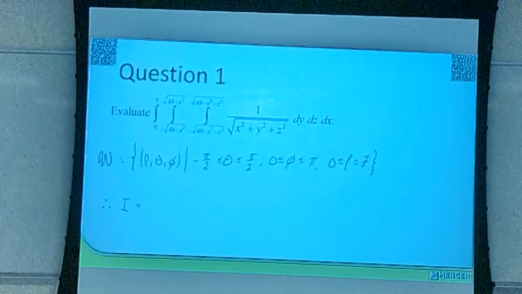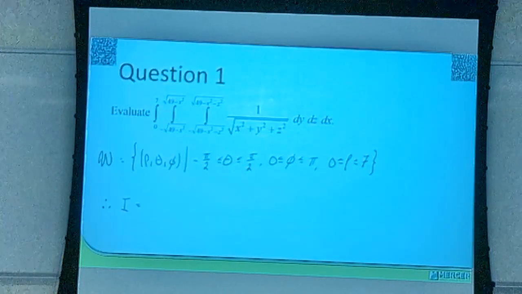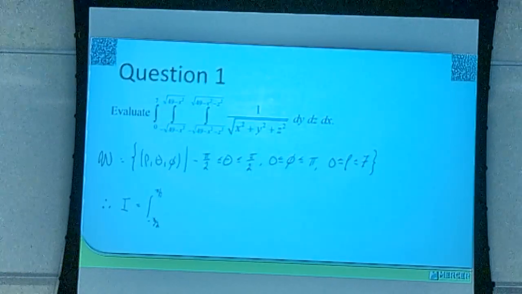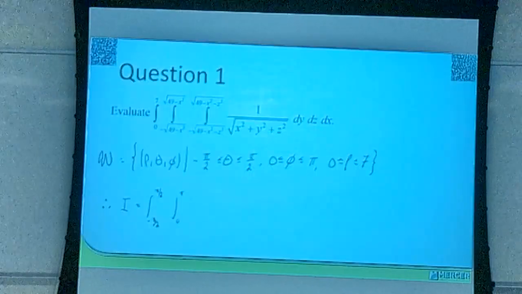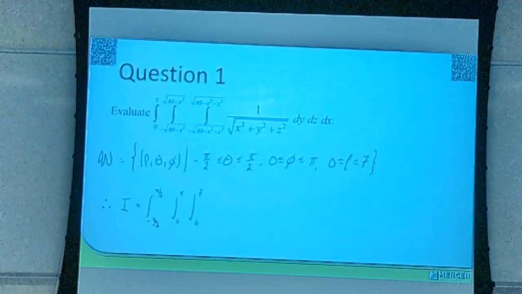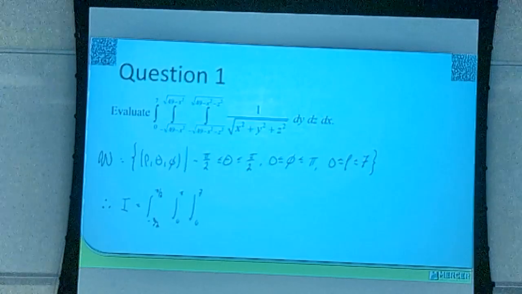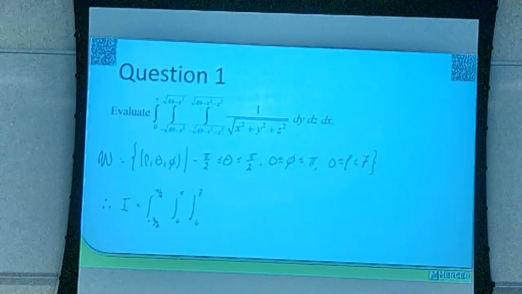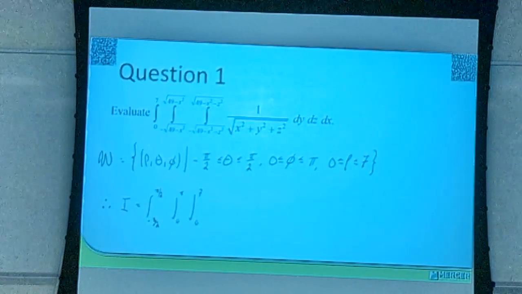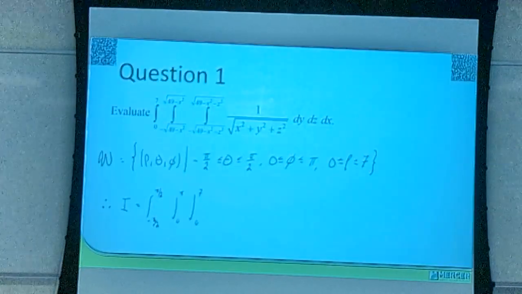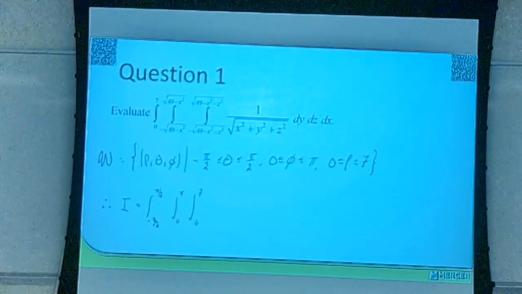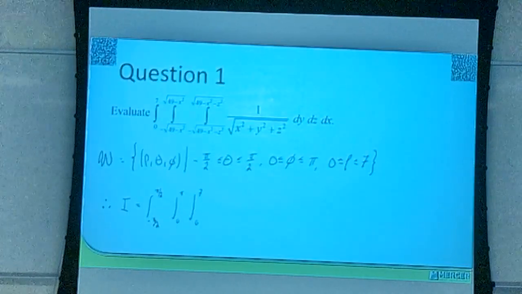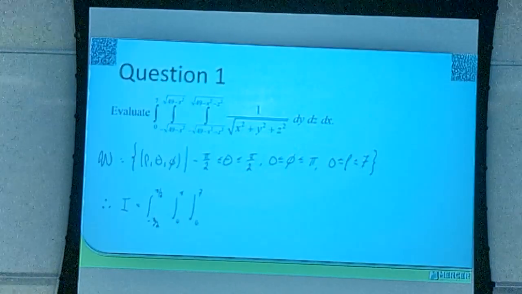So converting this into spherical, identify the integrand. What's the integrand? The integrand is 1 over x squared plus y squared plus z squared all the way through. So what is that in spherical?